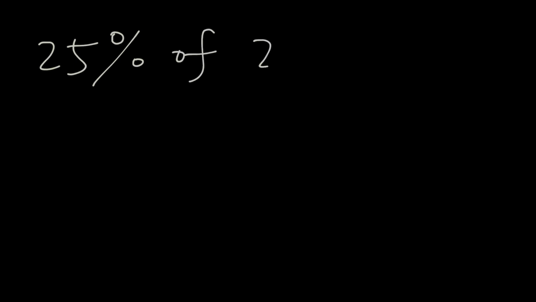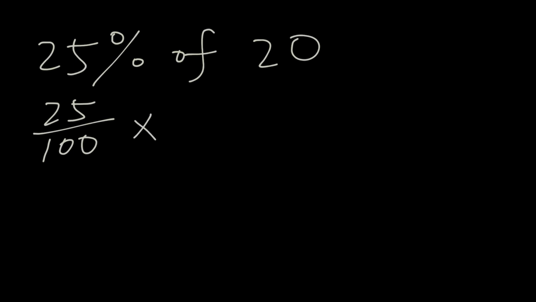Now here comes the example. Earlier we talked about 25%, so we're going to do 25% of 20. In this example, we're going to go ahead and times by fraction and then times by decimal. First, we'll go by the fraction method. We previously talked about 25% equal to 25 over 100 and then times by 20.